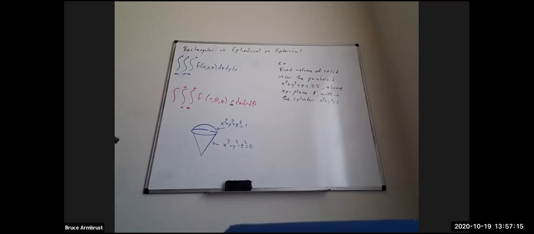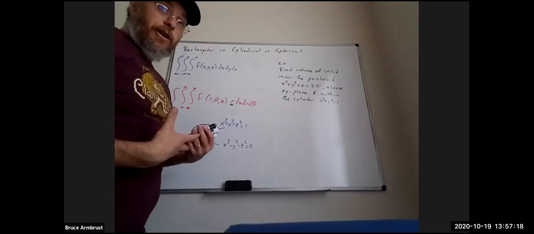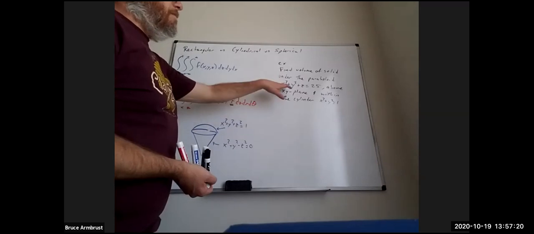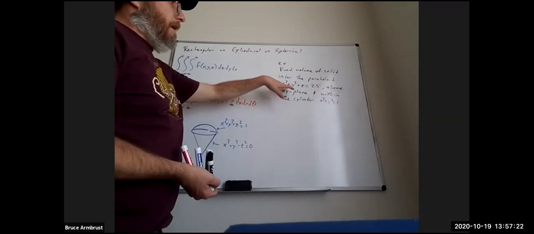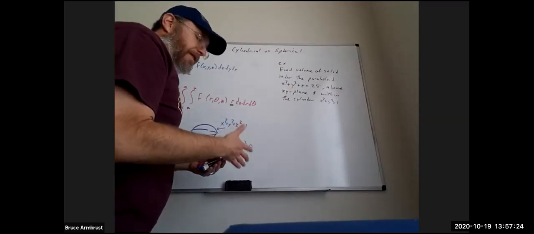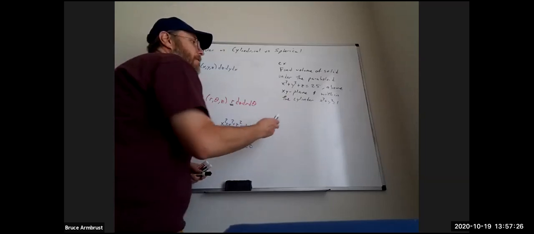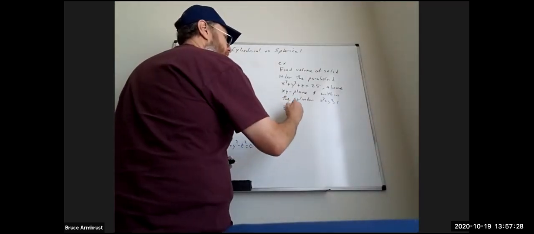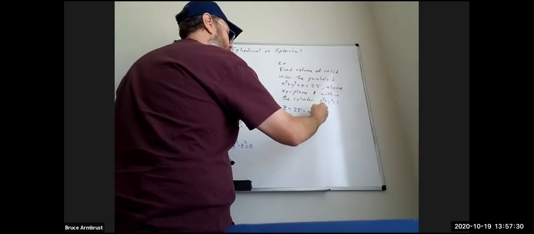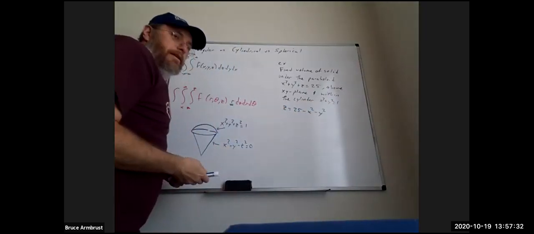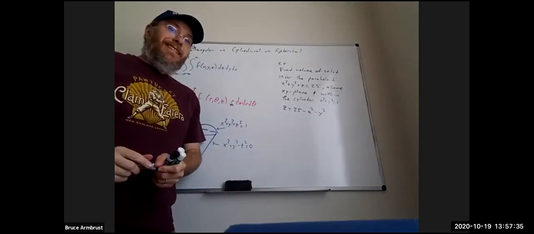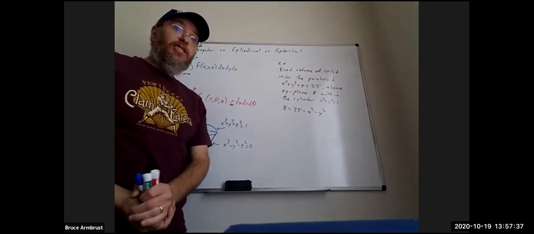All right, so let's try to picture it. We've got a paraboloid, x squared plus y squared plus z equals 25. Let's rewrite that as z equals 25 minus x squared minus y squared. So this is an elliptic paraboloid.